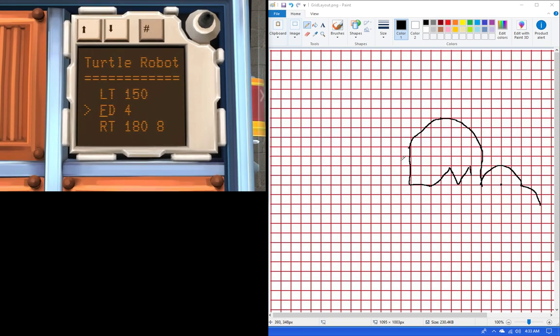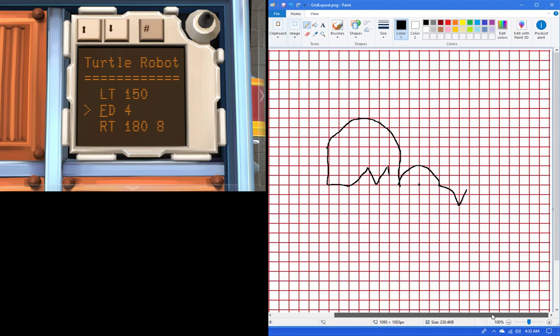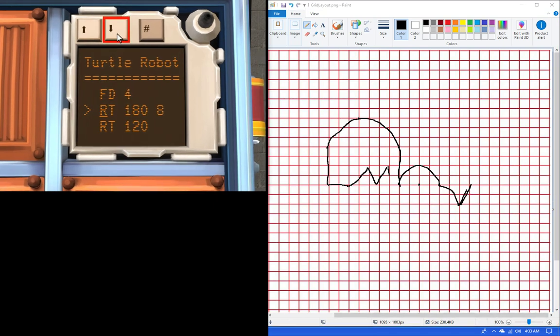Do 40. Let's see, LT, counterclockwise. I would be facing somewhere like this. Of course, I can scroll over here. We go up 2. I'll skip that because I know that's a bug. If I comment it out, you see I know that's a bug.